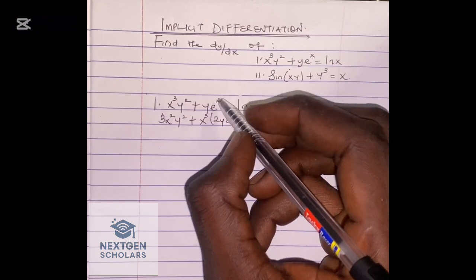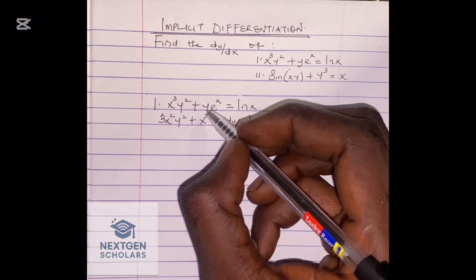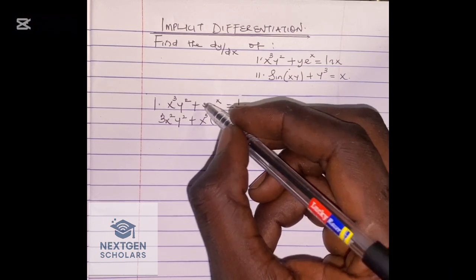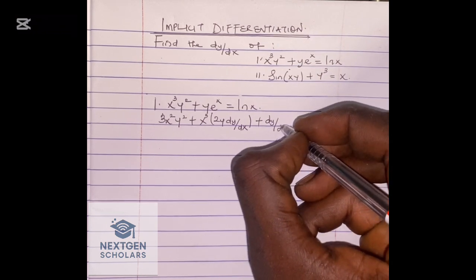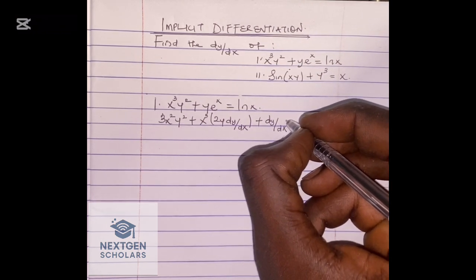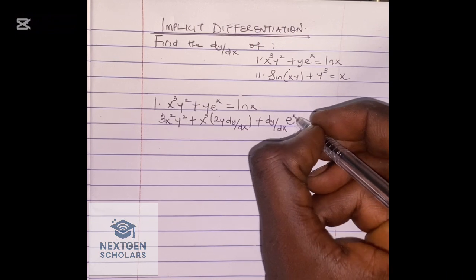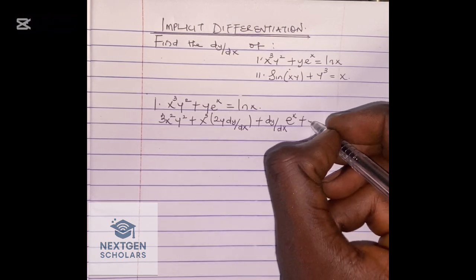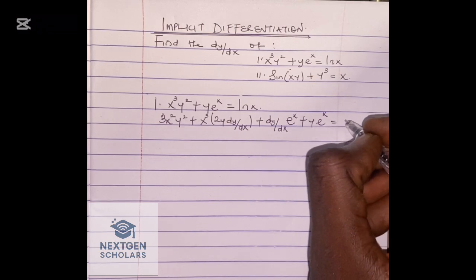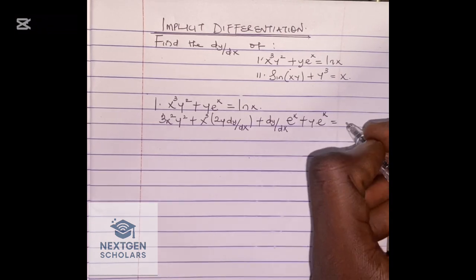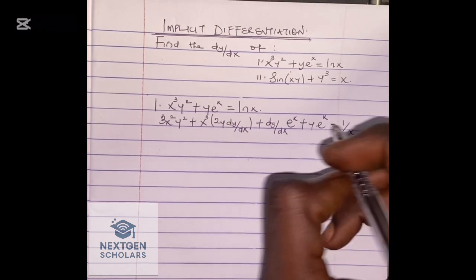Plus, this is also the product rule, y and e to the x. The first one goes to 1, so 1 times e to the x, plus, we keep the first and differentiate the second, which still remains y e to the x. Then ln x goes to 1 over x.